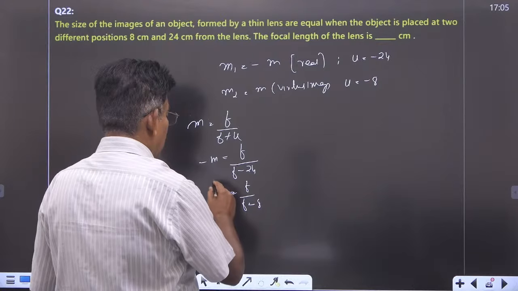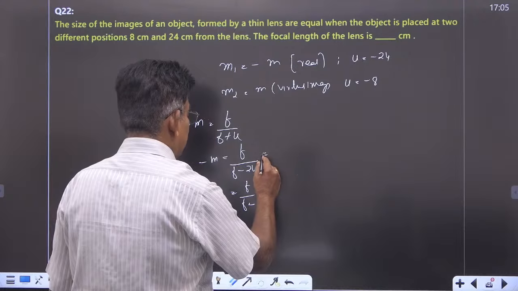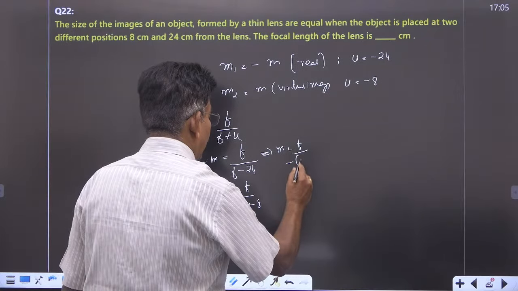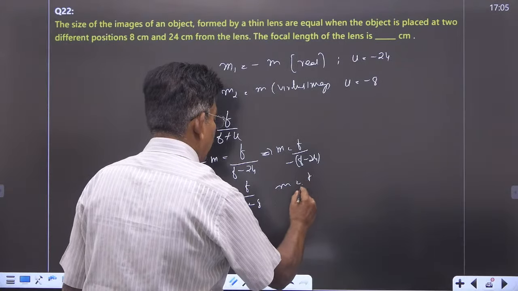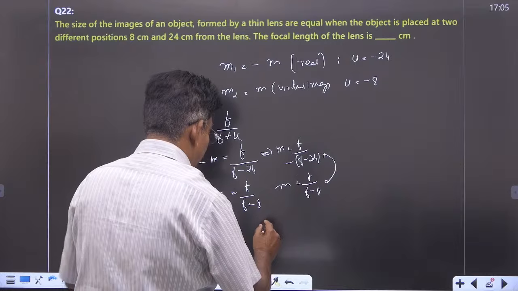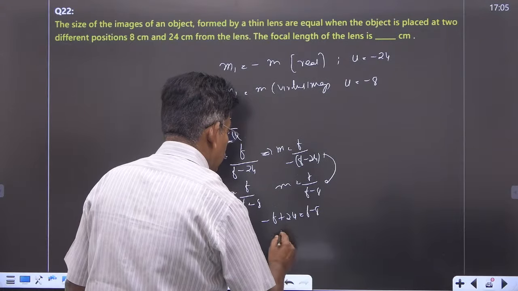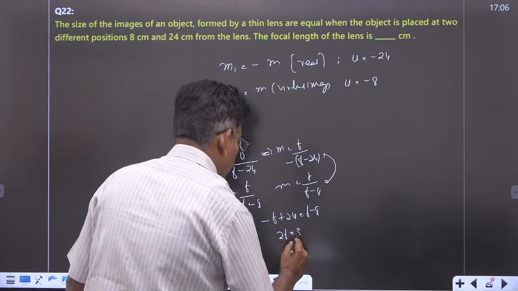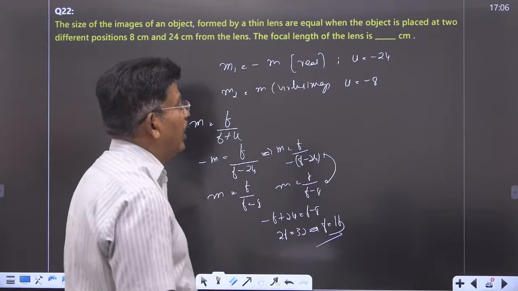We let the minus go to this side, so we can write it like this. This gives M is equal to F divided by minus of F minus 24. Here M is equal to F divided by F minus 8. Both the denominators I can equate. I will be getting minus F plus 24 is equal to F minus 8. That is coming to be 2F is equal to 32. That gives F is equal to 16. Okay, F will be 16.